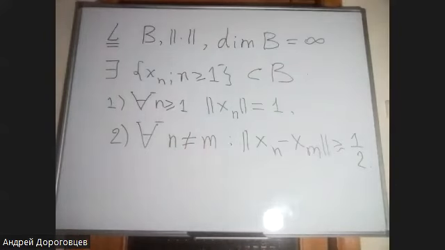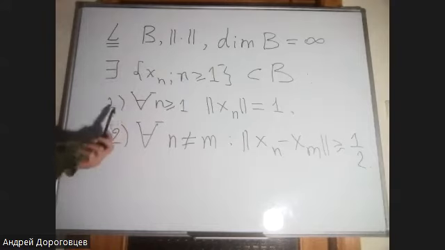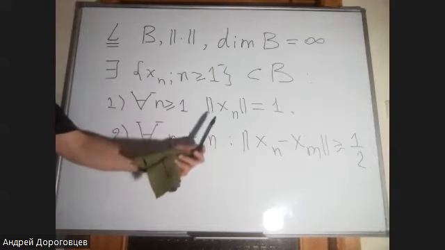Okay, so we have such a sequence. You see, this sequence can be very easily obtained in Hilbert space, infinite dimensional Hilbert space. You remember last time we constructed orthogonal systems, and if B is Hilbert space of infinite dimension, one can take as these vectors an orthonormal system.